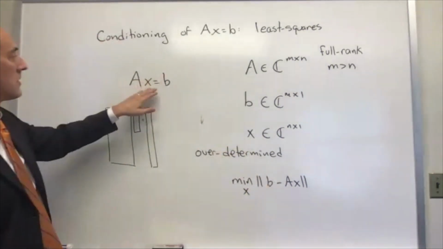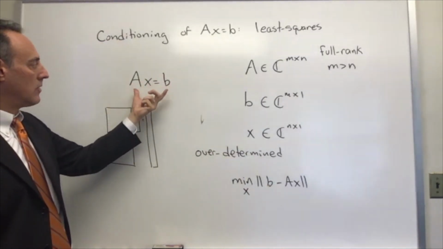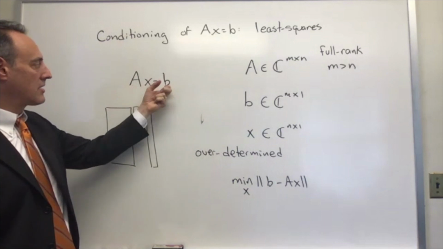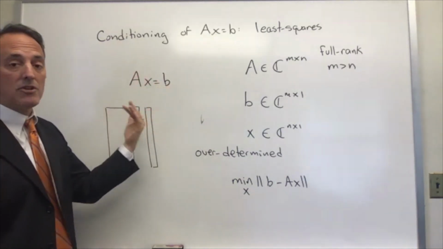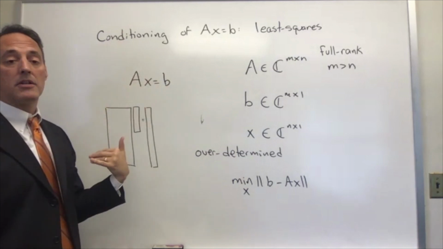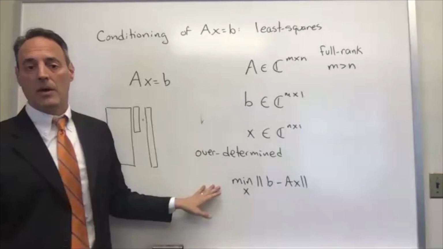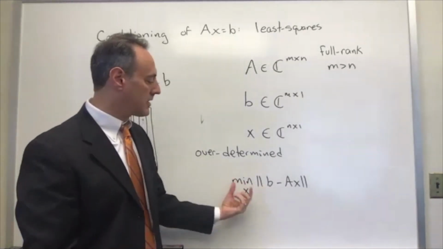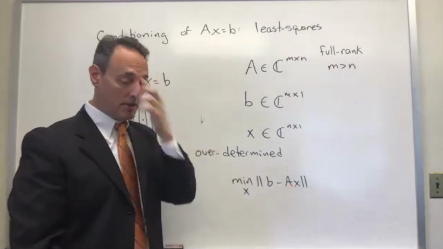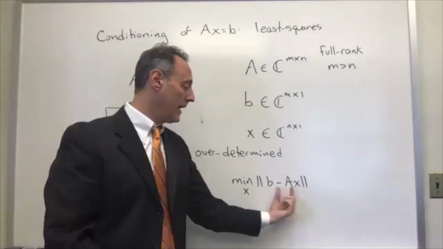In other words, just take the b to the other side or Ax to the other side, right? I can't make this satisfy this. What I'd really like is Ax minus b to be 0, but if I can't do it, I'd at least like to make it as small as possible. And so here is the optimization problem that we actually need to solve: b minus Ax, find an x that minimizes this quantity. And this is the 2 norm between these 2 vectors, Ax and b.